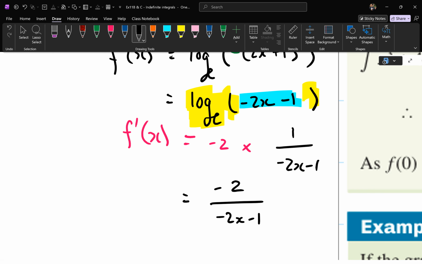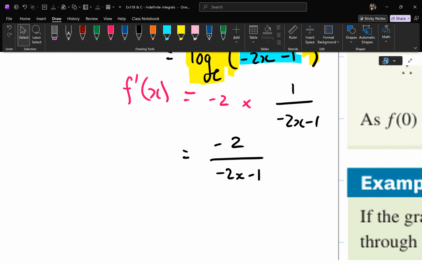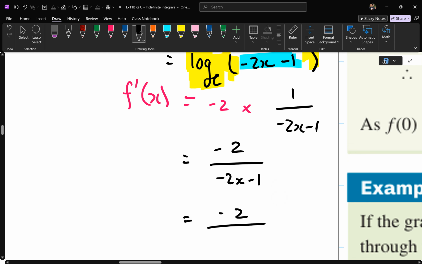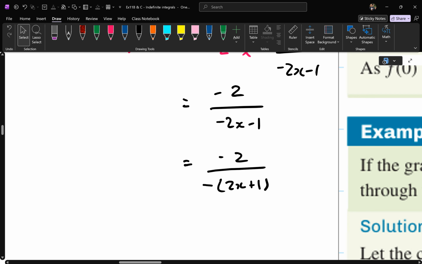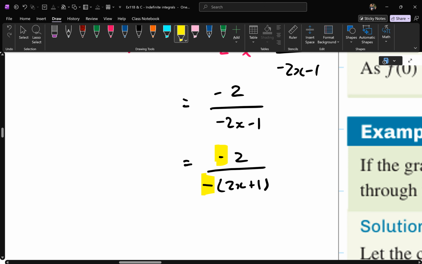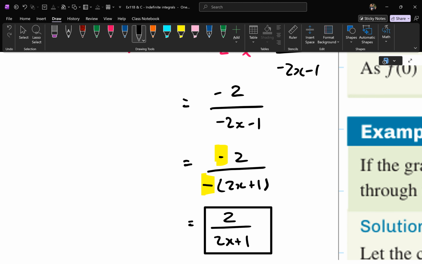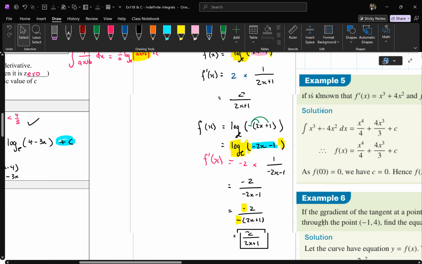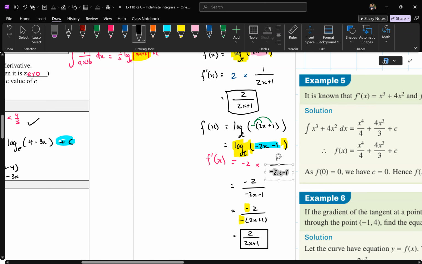If I take the negative out as a common factor, you end up with -2 over -(2x plus 1), and the double negatives cancel out. True? But if they cancel out, this answer that I've got here is exactly the same answer as what you got up here. Why is that a problem?